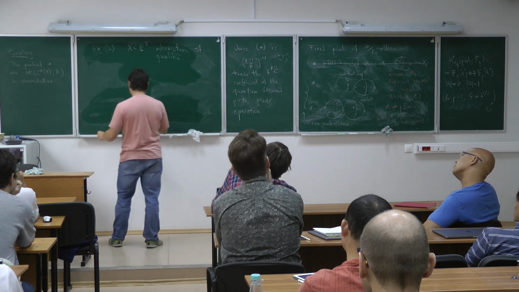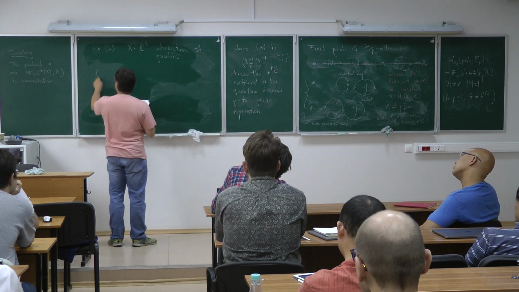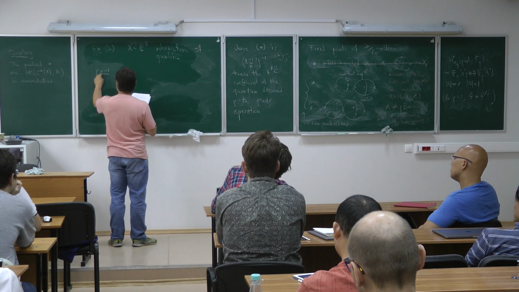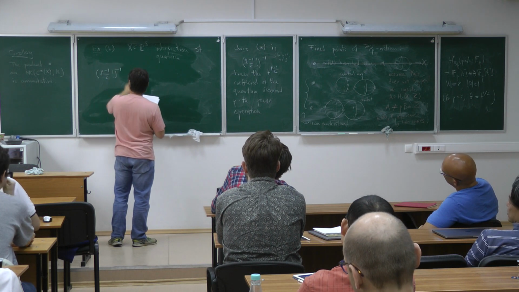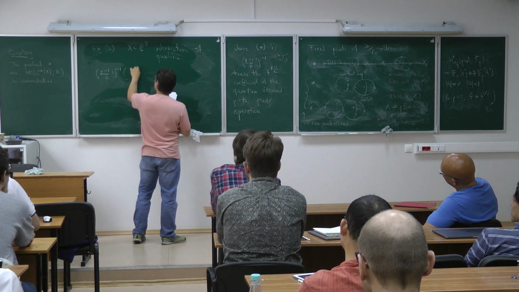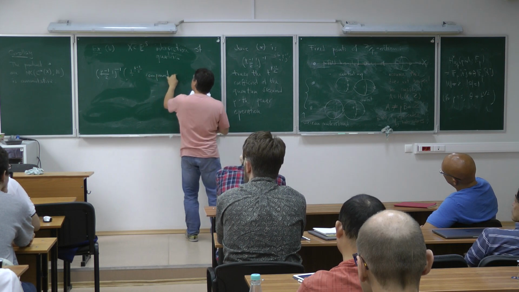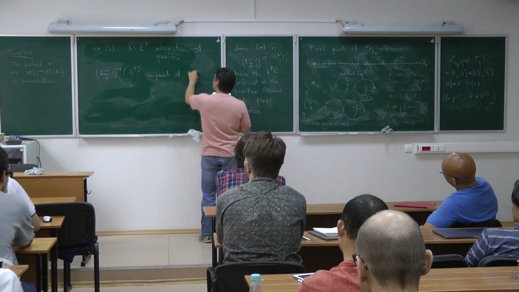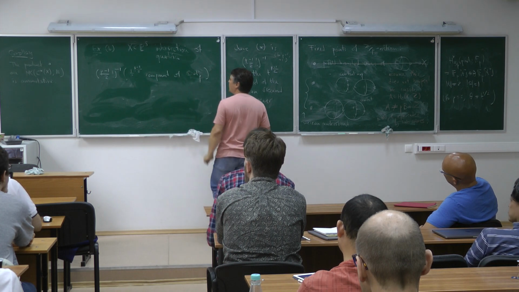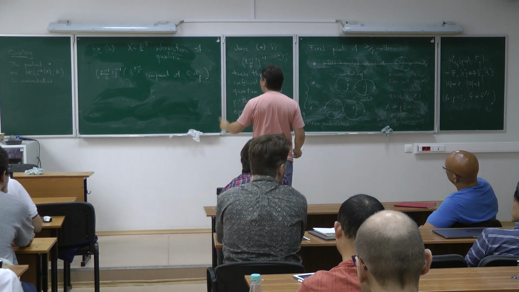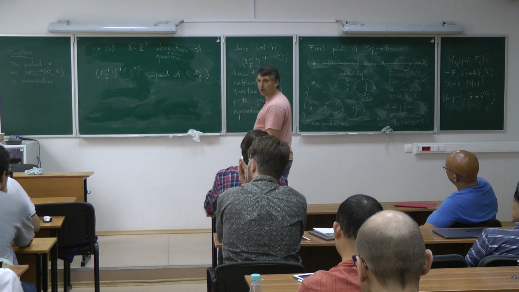Remember, I'm looking at (p-1)/2 factorial inverse times the T^((p-1)/2) component of quantum Steenrod P, which is an endomorphism of the odd degree cohomology.